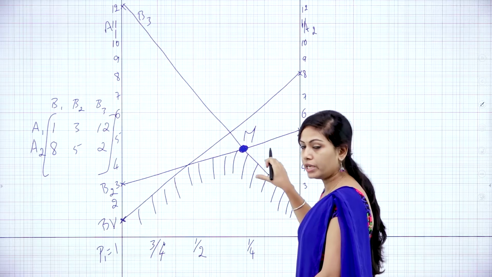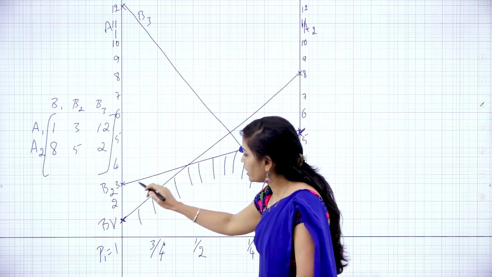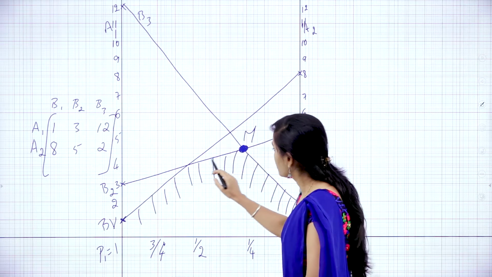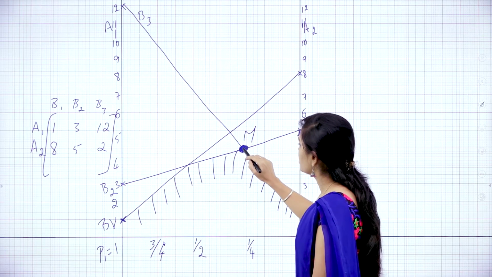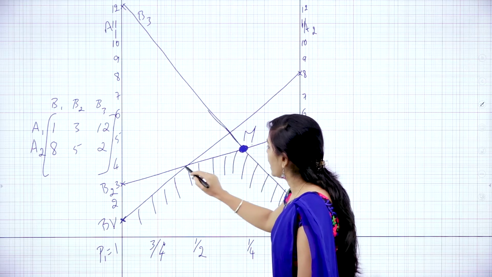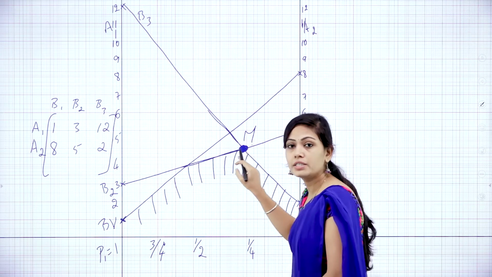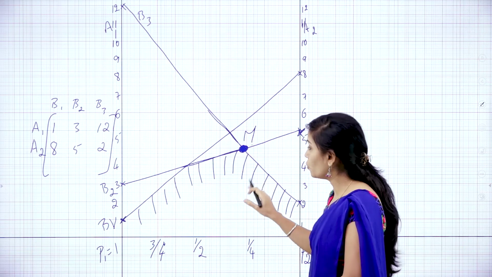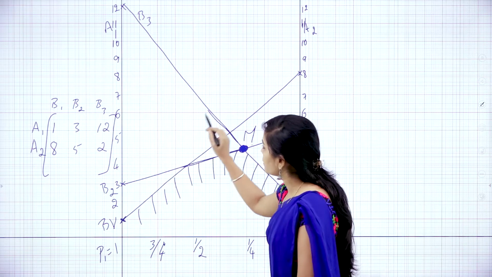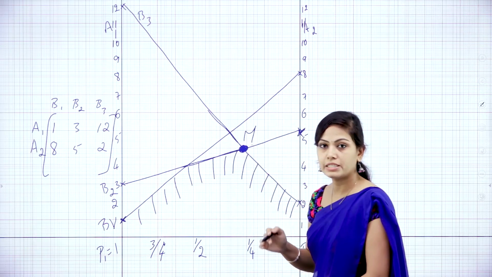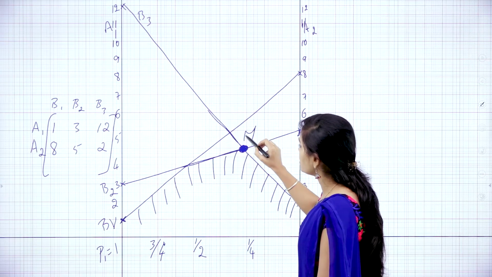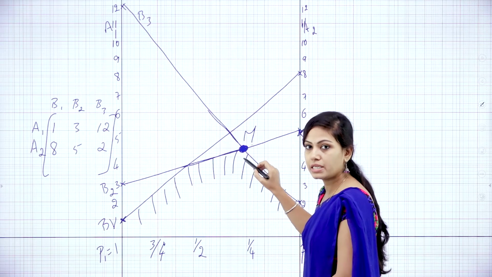This M point comes under B2 and B3. From B3 and B2 we got the highest maximum point. So B2 and B3 are selected. This B1 is rejected because B1 is not connected to this highest point, right?